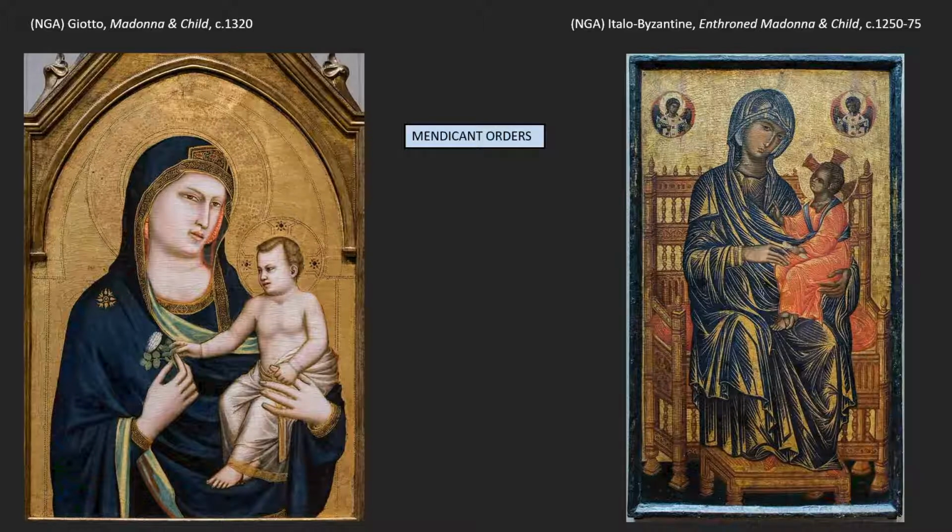Now, prior to this, the point of monasticism was to get away from temptation. The point of monasticism was to separate yourself from the world so you could devote your life to God. And that's very, very hard to do, living around money and booze and women. Right?